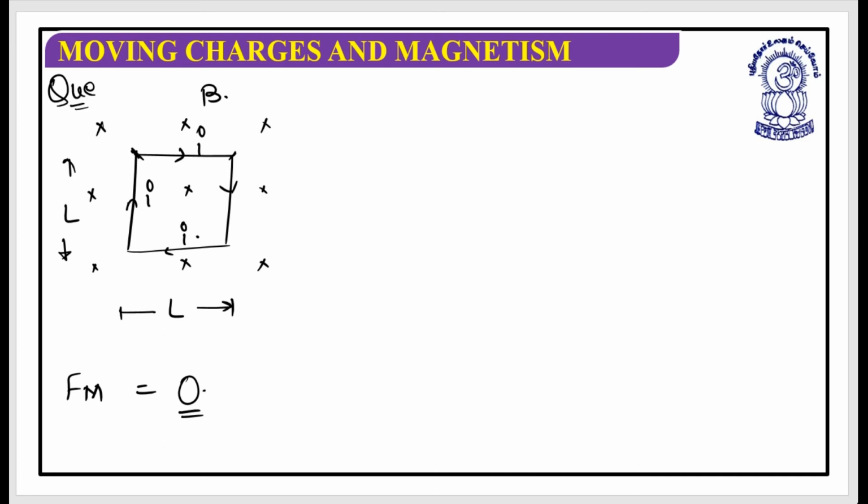But let's suppose someone asks me, let's say this is C, this is D, this is E, and this is F. If C, D, E, F are the different segments, and someone asks me to find out the force acting on the CD segment, what should be my answer? So I understood that FCD would be equal to B into I into L.